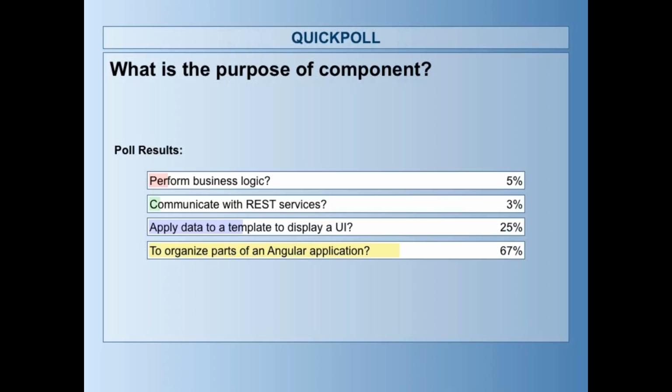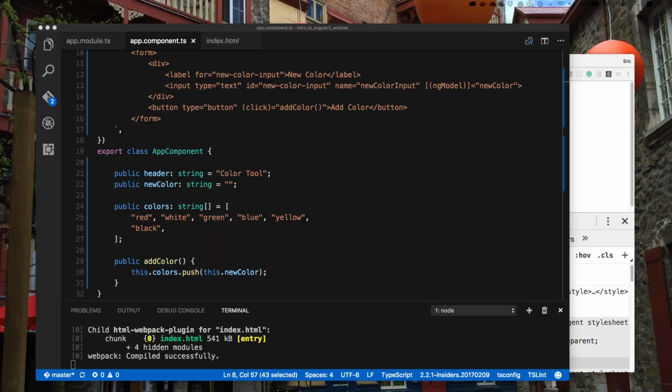That's the actual purpose of a component. To organize the parts of an Angular application, a good answer for that would be a module. So the module is where you pull together all the different parts and then be able to reuse that collection of parts across multiple applications, that kind of thing. But the purpose of the component is to actually display the UI stuff.